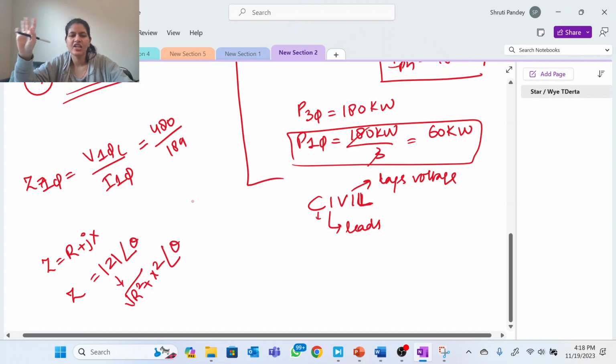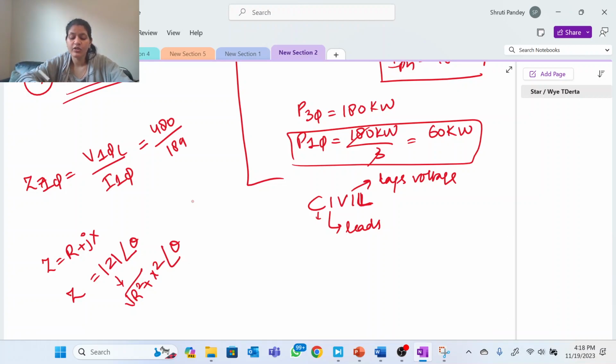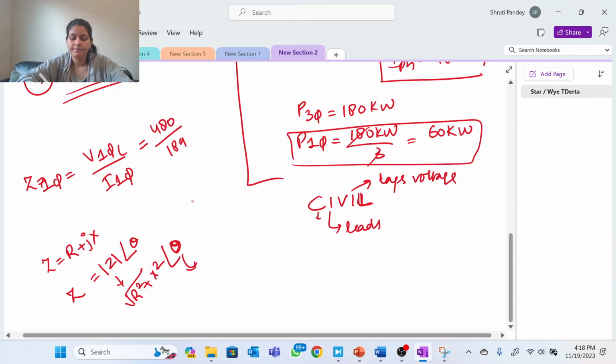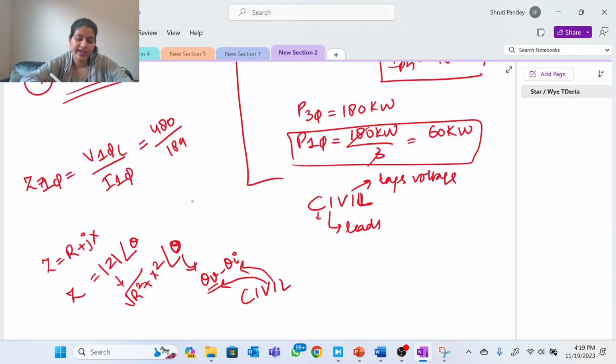It was tan inverse X by R, or it can also be written that this theta was the angle between voltage and current, that is theta V minus theta I. If it is lagging, then the voltage angle is theta V and the current angle is theta I.